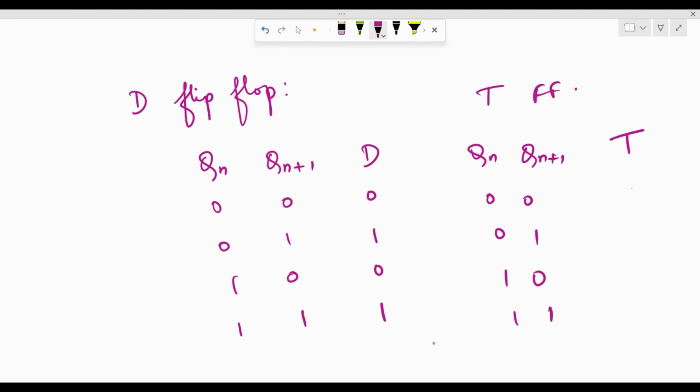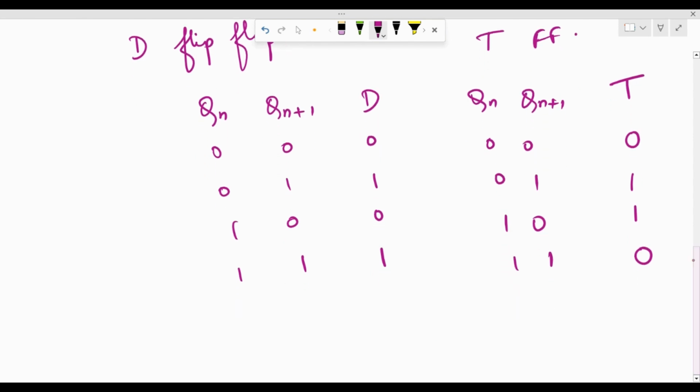So, that means T input should have been 0. Similarly, in the last scenario also, T input should be 0 because no toggling occurs. Whereas in case of the second and the third case, present state 0, next state is toggled to 1, and present state is 1, it gets toggled in the next state. So therefore, T input should be high. So this is the excitation table of the T flip flop.